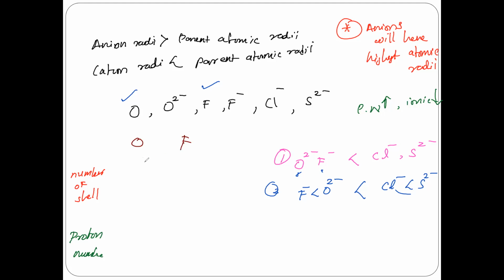Apply the number of shells. Again, this is 2, 2. Then go for the proton number. This is 8, 9. So the number of protons increases, so the atomic radius will be decreased. So oxygen is higher than fluorine.